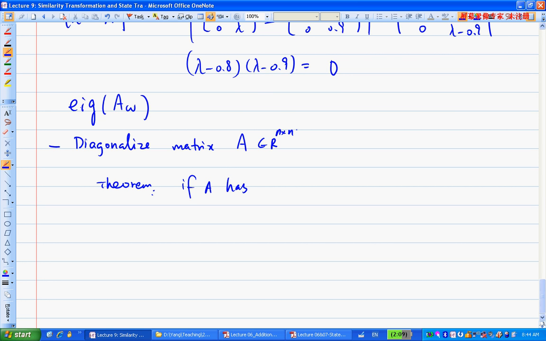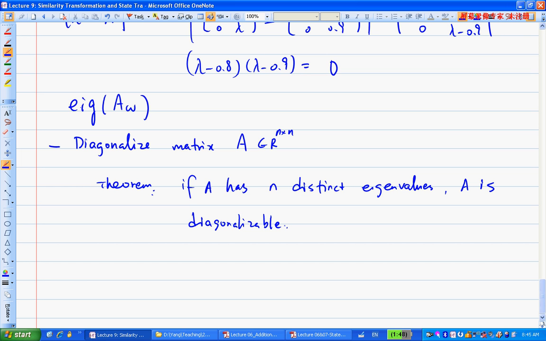If A has n distinct eigenvalues, then A is diagonalizable.